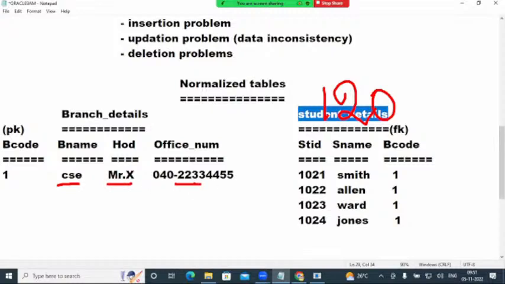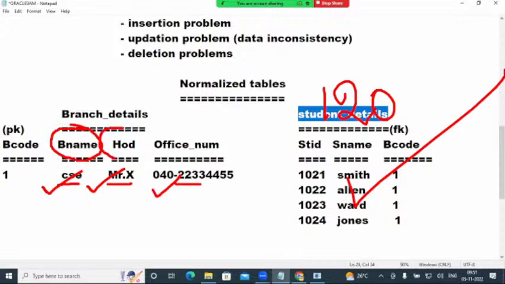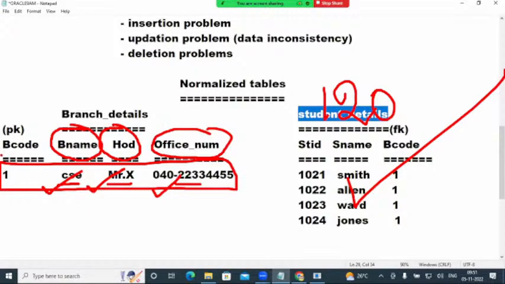No. Only a single time here. Whether 120 or 150 or 1000, no matter, your branch name will not repeat. HOD name and office number do not repeat. It's only one single row.